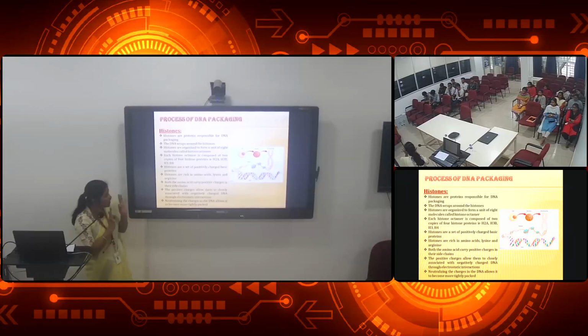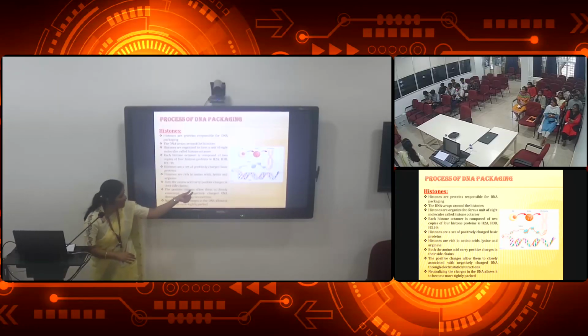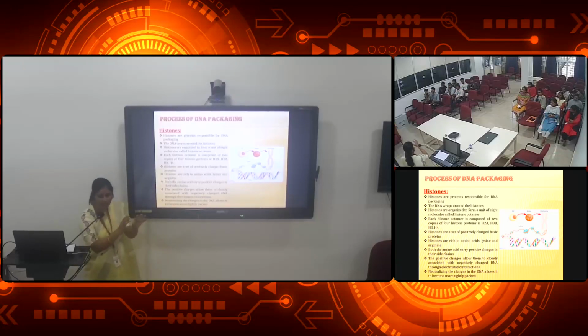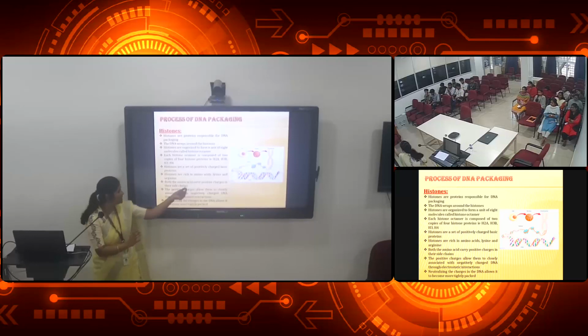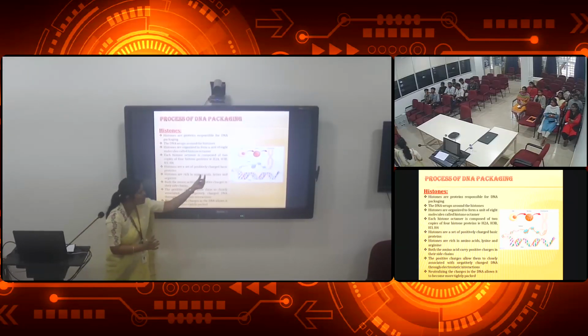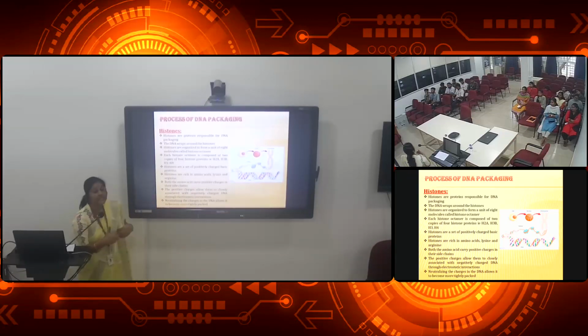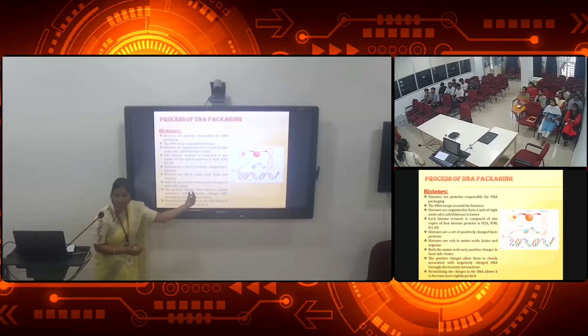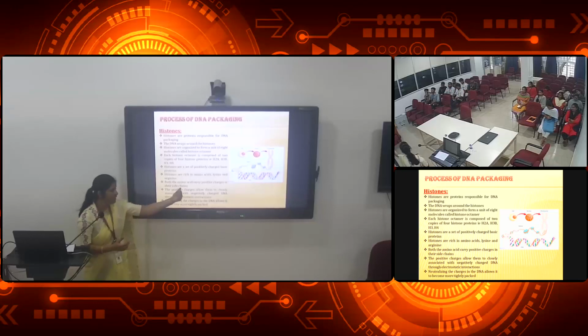Okay, so these types of structures are present in the histone. Both the amino acids carry positive charge in the side chains. In histone protein structure, lysines and arginines are present, but particularly these amino acids carry the positive charges in the side chains.